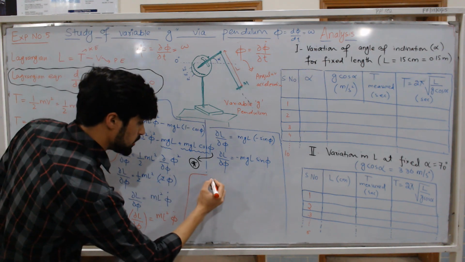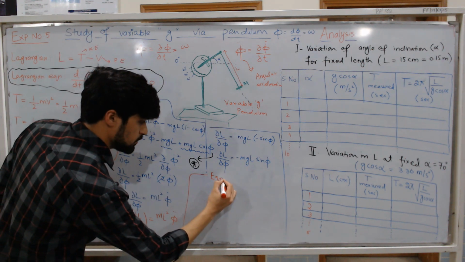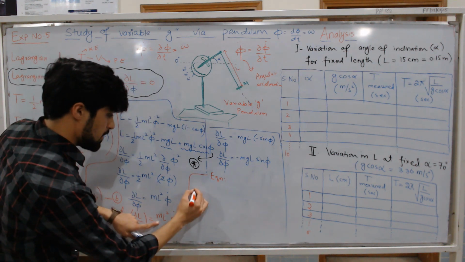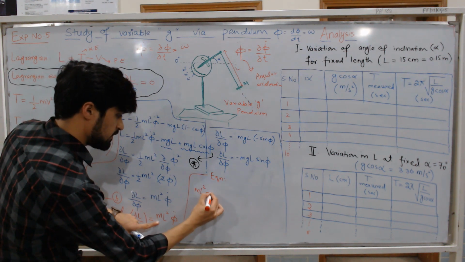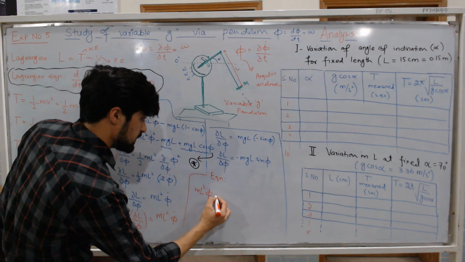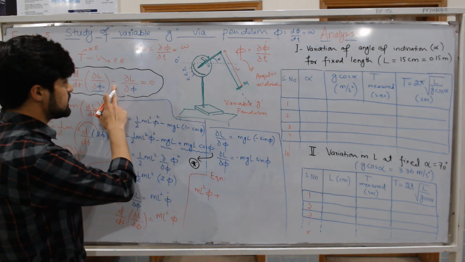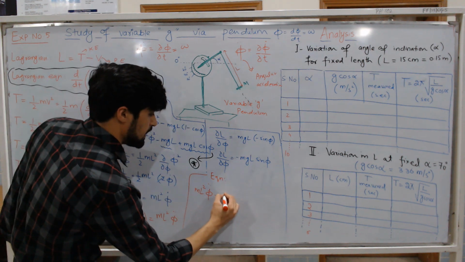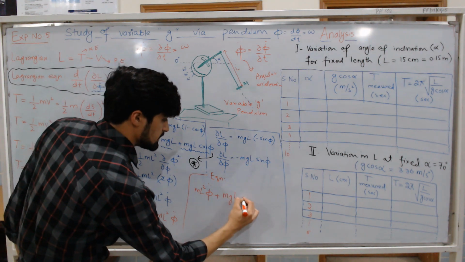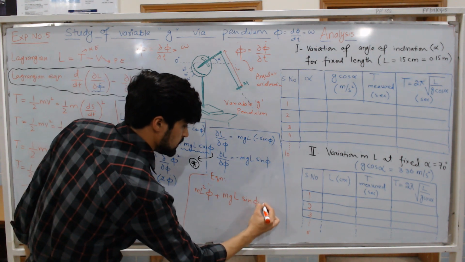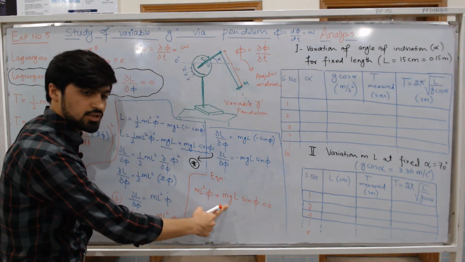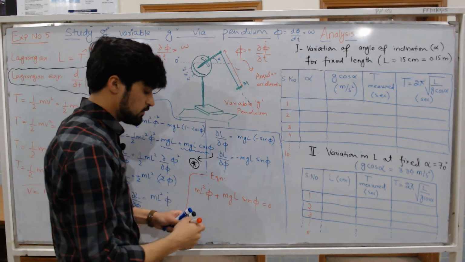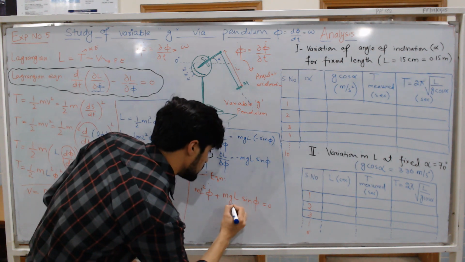So the final equation of motion will be ml square phi double dot plus... one minus is here and the other minus is here. So minus into minus will give plus mgl sine phi is equal to 0. Now keep in mind, this g we are using for this case will be our g effective.